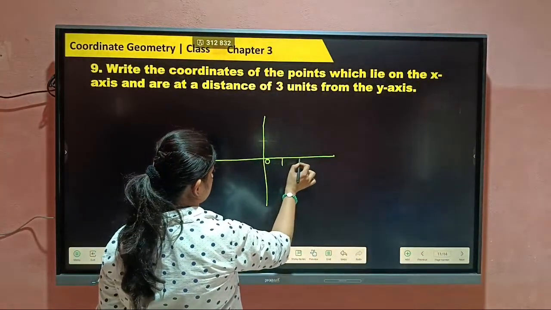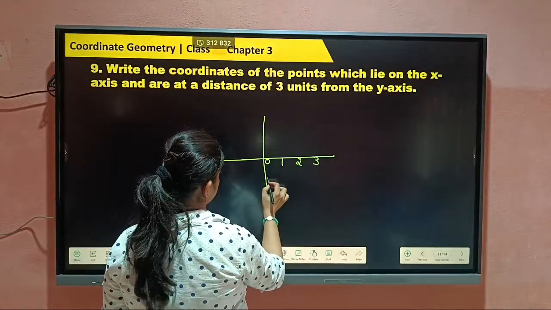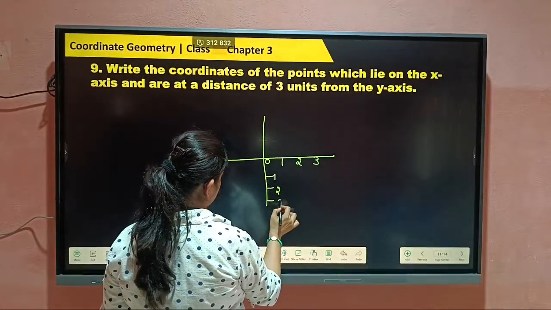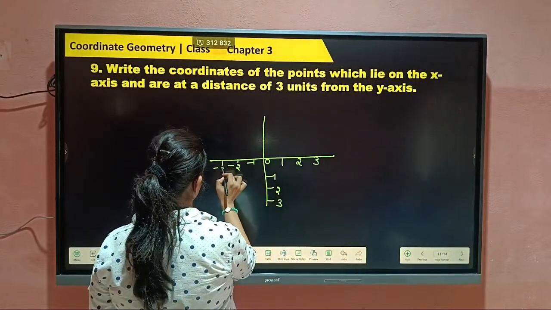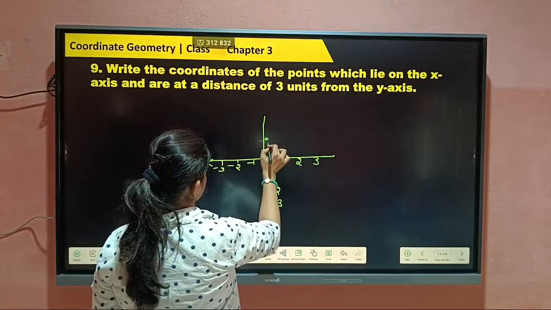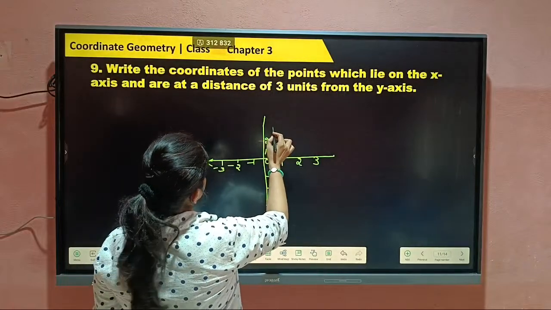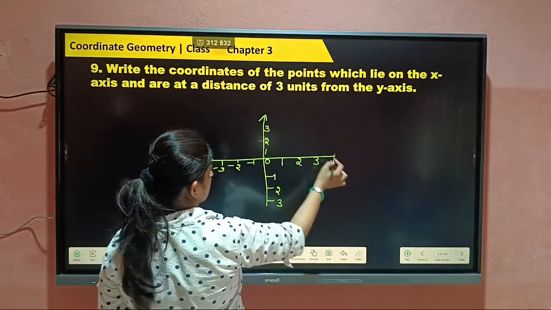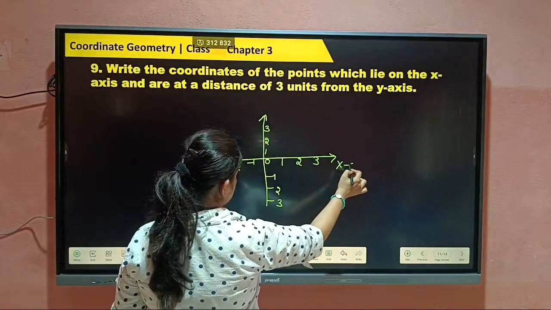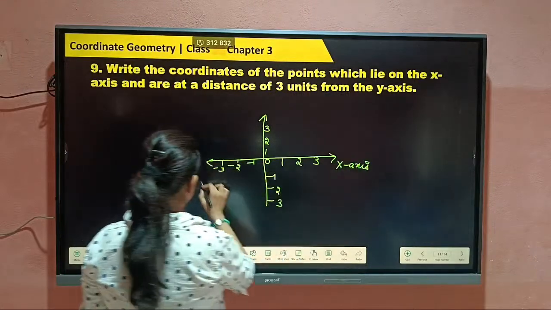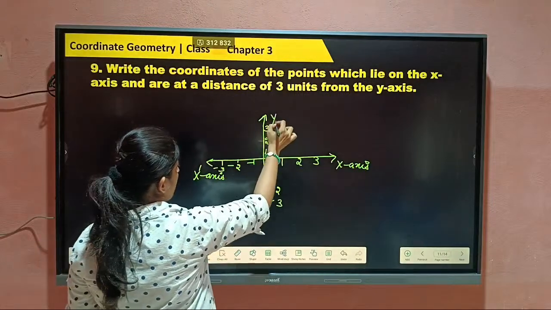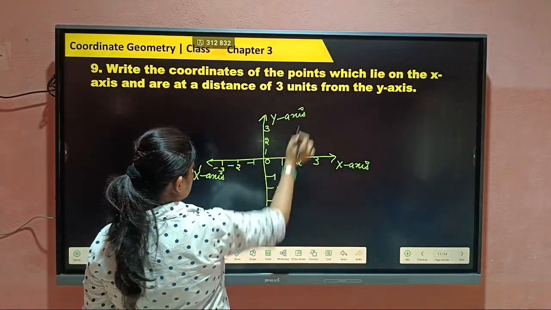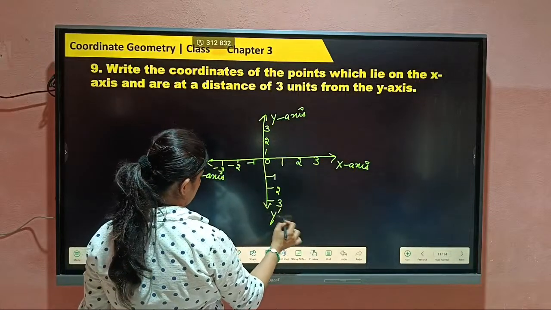Okay. This is x-axis. This is x dash axis. This is y-axis. This is y dash axis.